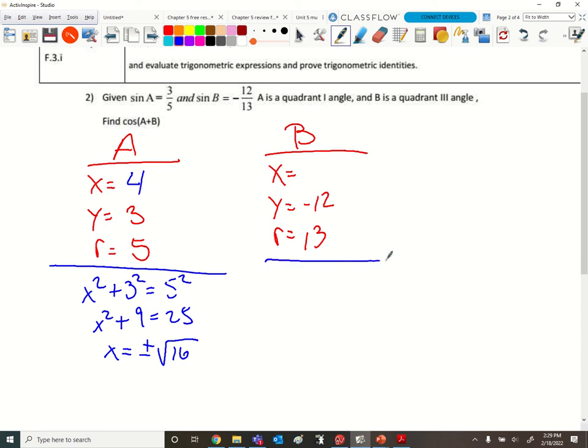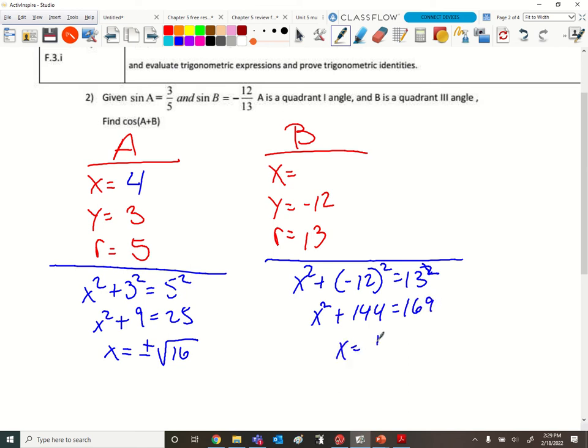Now let's do the same thing over here. So I'm going to have x squared plus negative 12 squared equals 13 squared. That's a square right there. X squared plus 144 equals 169. X equals plus or minus the square root of 25.